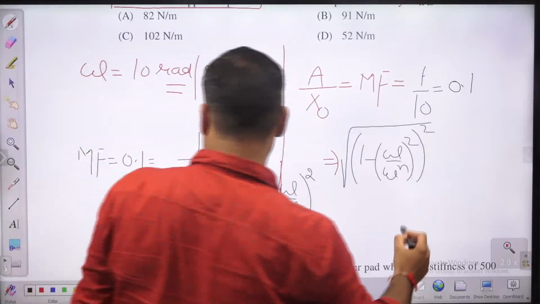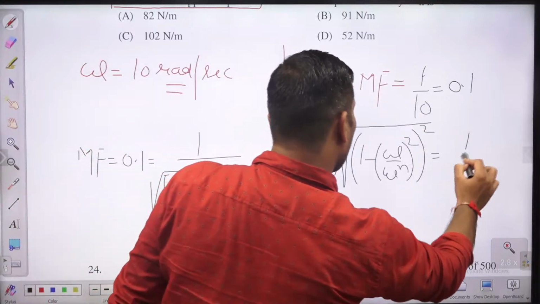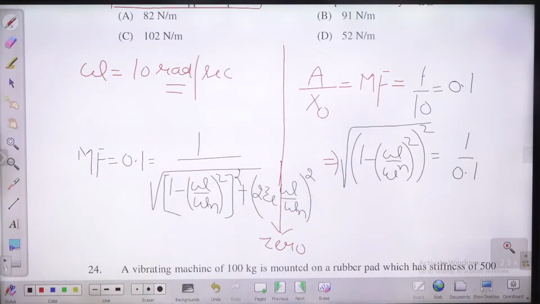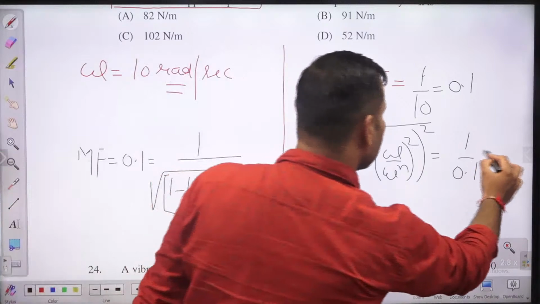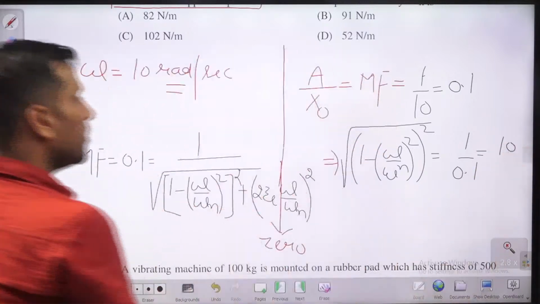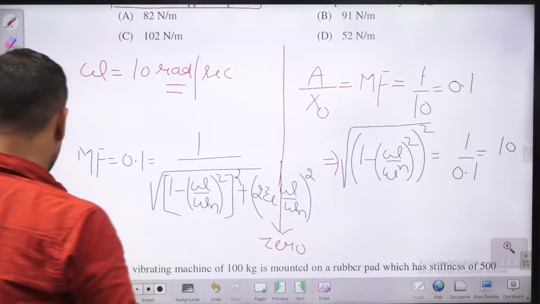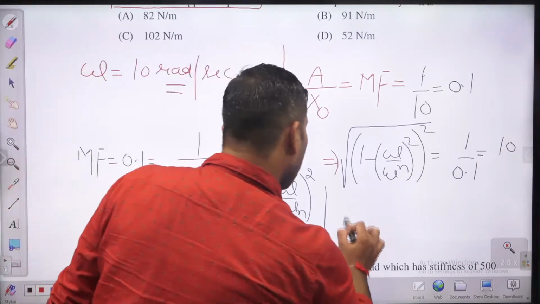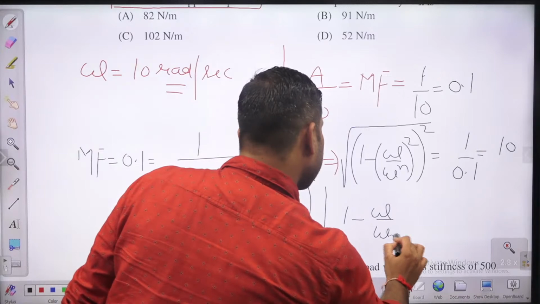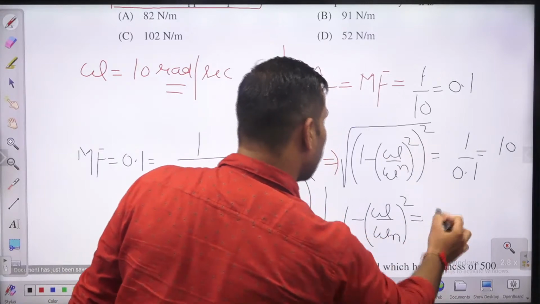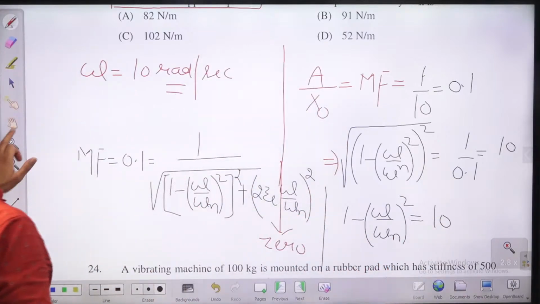That is equal to 1 by 0.1, and that is nothing but 10. Please check this. Now you can solve this further. 1 minus (omega by omega n) square is equal to 10.